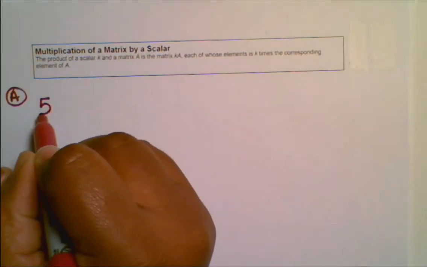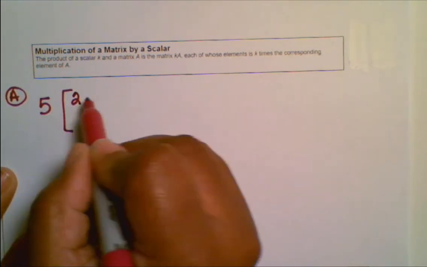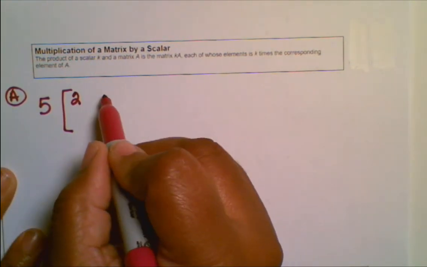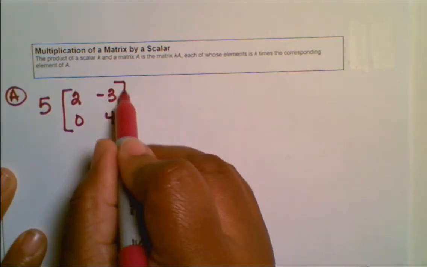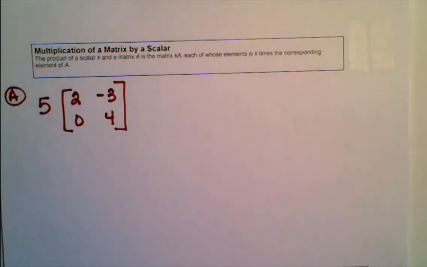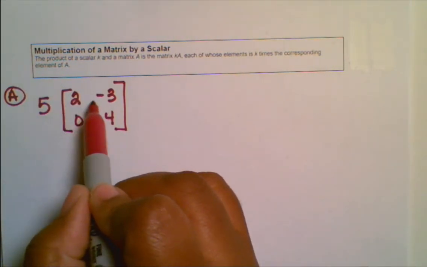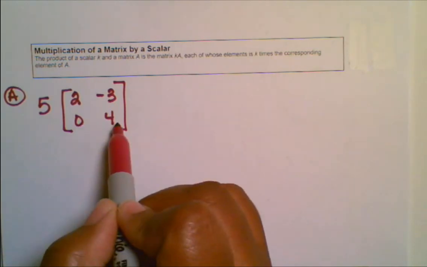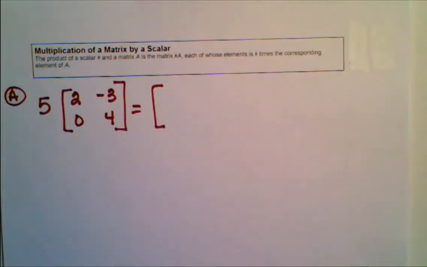For example, we have 5 times a 2 by 2 matrix, which is 2, -3, 0, 4. What this is saying is we're going to take this 5 and multiply it to every element in this matrix, still keeping this as a 2 by 2.